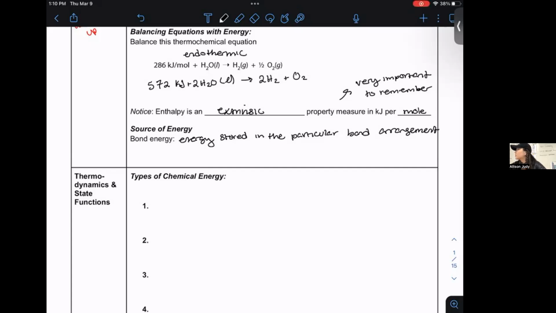So how can it be dependent on the amount present if it's also measured in kilojoules per mole? Because of the per mole part. If we now have 2 moles of it, now it's not per mole. But we doubled the value. The ratio stays the same, but not the value itself. The magnitude changes.